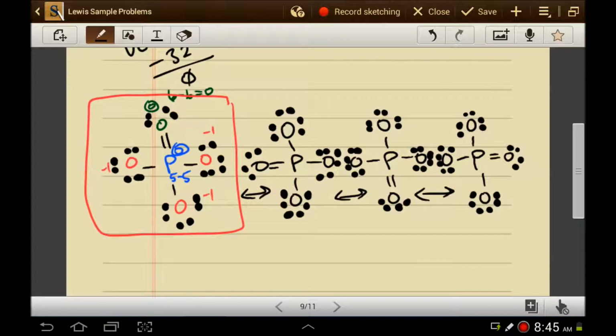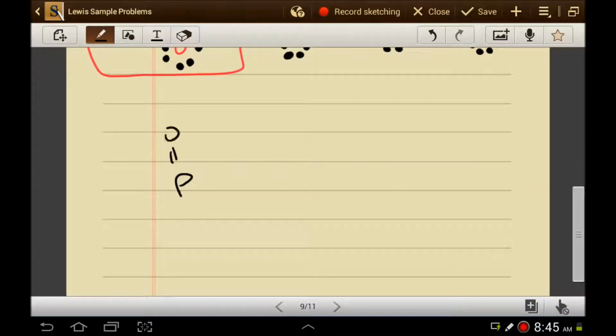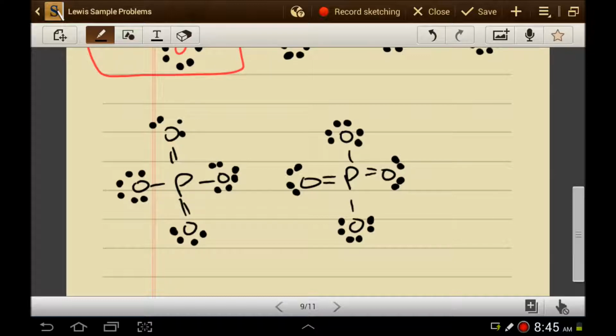Now, as long as we're going crazy, let's just go whole hog. Couldn't you also expand the octet twice and have 2 double bonds? Yes, that's possible. Now let's look at formal charges here. This phosphorus has 5 minus 1, 2, 3, 4, 5, 6 for a total of -1.